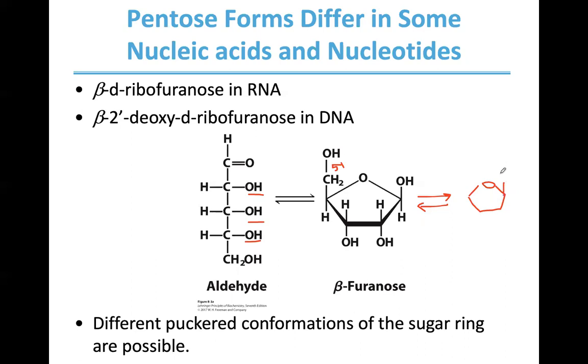So at any given time, you have alpha and beta when they're in the form of hemiacetal. When in the form of hemiacetal, then you have alpha and beta present in a mixture. So beta, alpha.